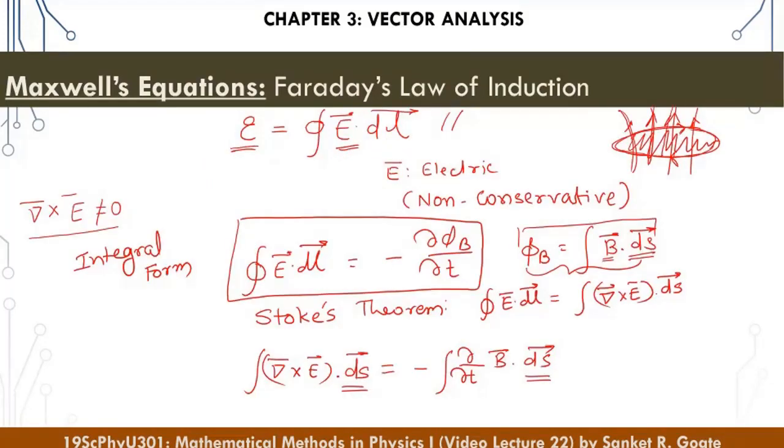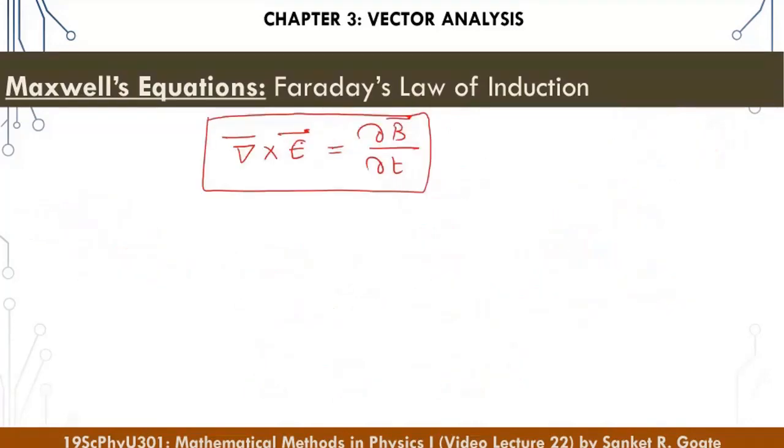Just see what has happened: this phi B has now become only the magnetic field, because we are not considering the integration over the surface now, and that is the same thing we are doing on the left hand side. And therefore, in this way we obtain Maxwell's third equation in its differential form.